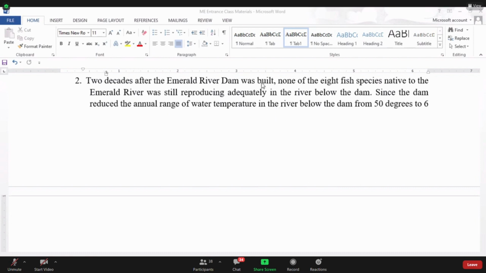But after the dam was built, near the dam, not away from the dam, the water temperature was reduced from 50 degrees to 6 degrees. Away from the dam, water temperature was the same. Okay.